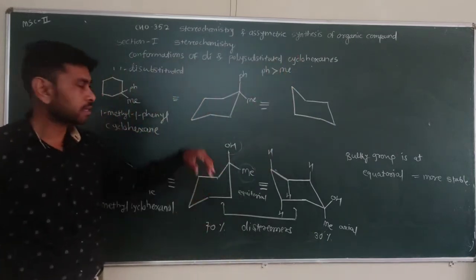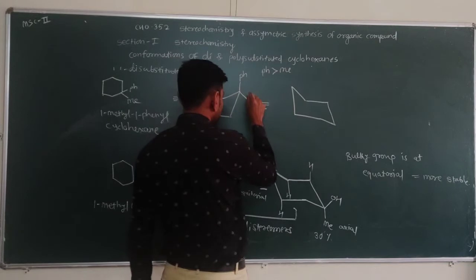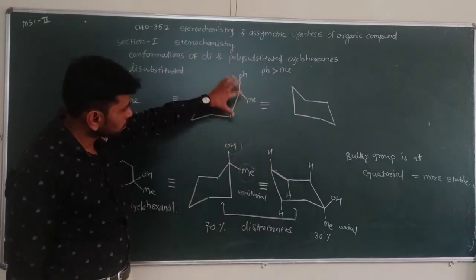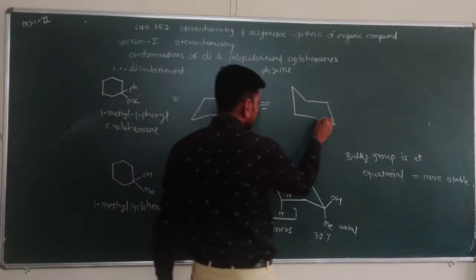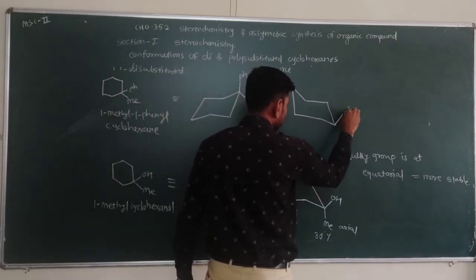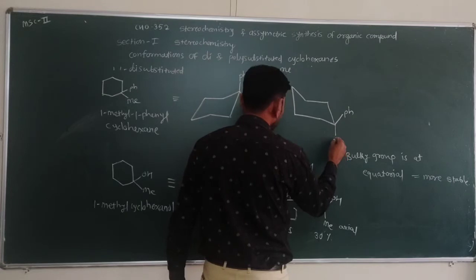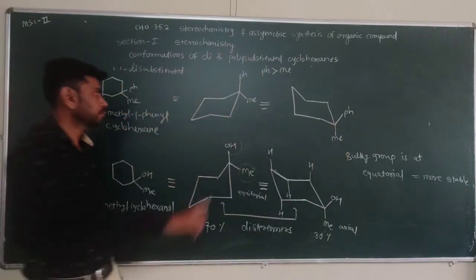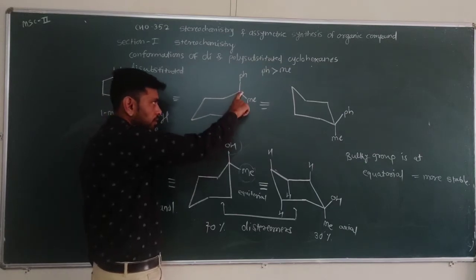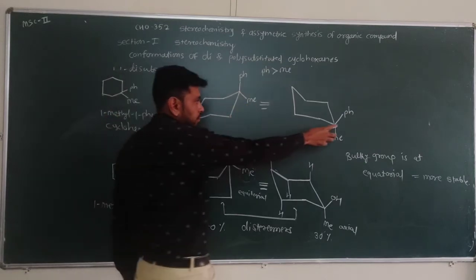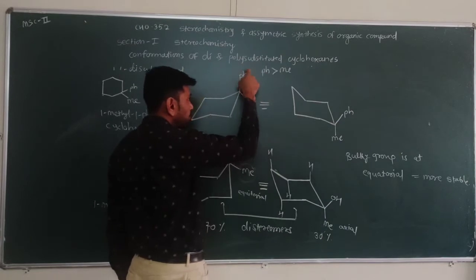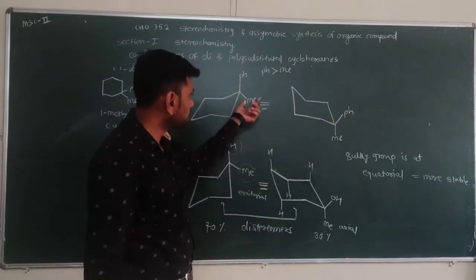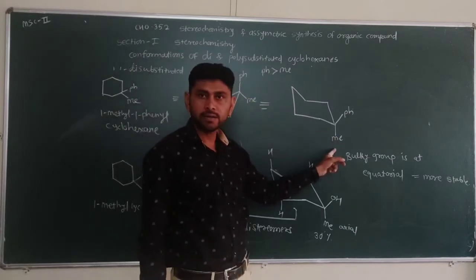But after ring flipping, the up group, that is the phenyl group, is at equatorial position and the methyl group is at axial position. When this ring flipped, the up group phenyl is written on the upside, and the down group methyl is written on the downside.